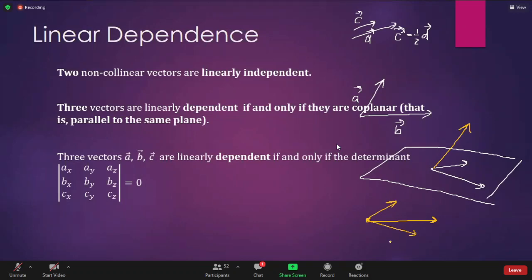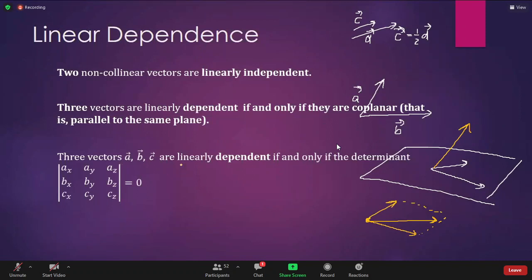Because this figure is flat now, and in principle, I can form a parallelogram, and then I can adjust some numbers, and I can express one vector with the other two, if they are in the same plane. We will discuss exercises next time very, very seriously. They are important for Wednesday.